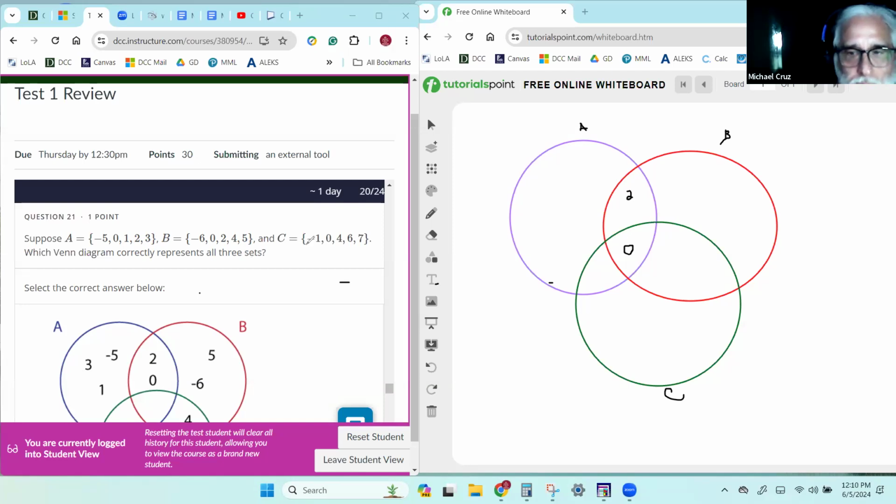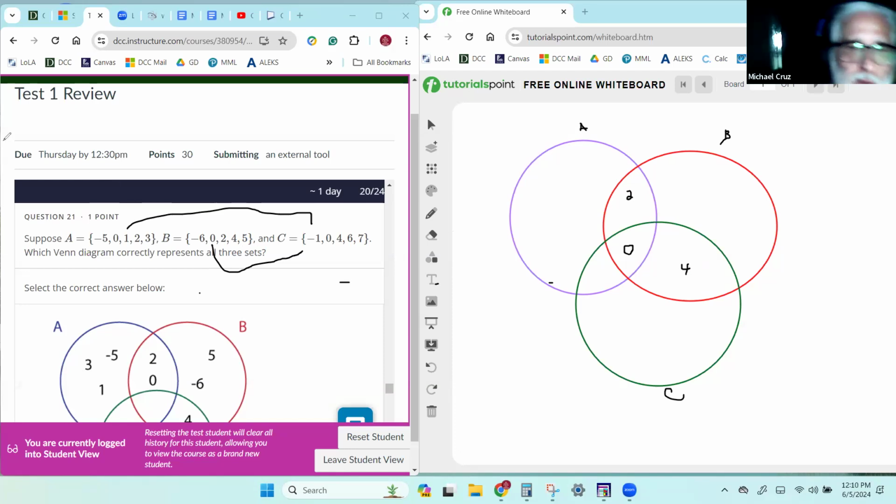Besides 0. So A and C don't have anything in common. Now let's look at B and C. -6, -1, no. 0 is already in there. 2. So this one has 4 in common. And it looks like that's it.